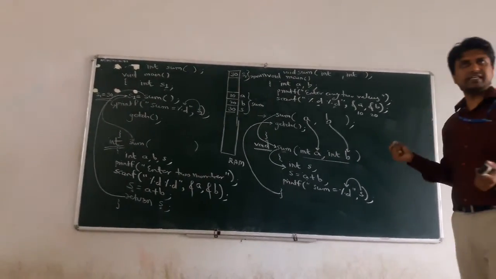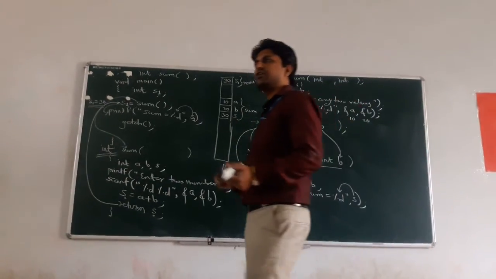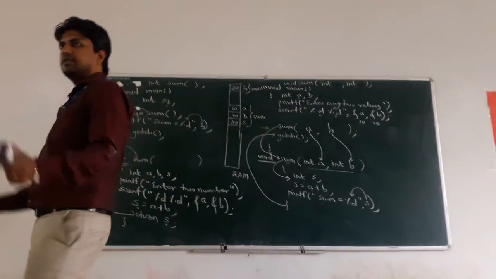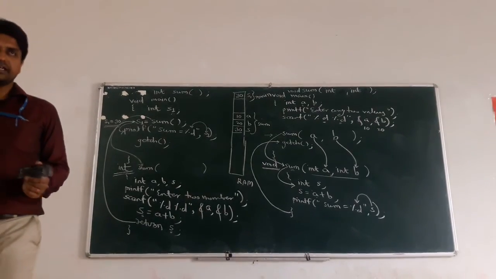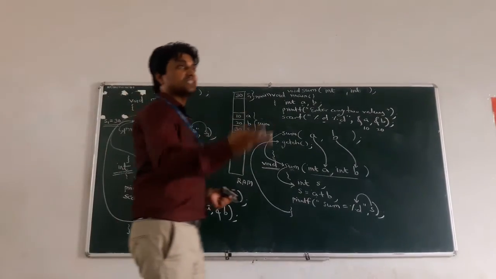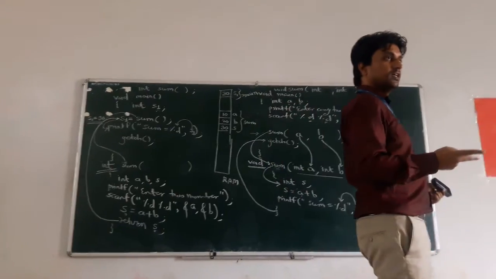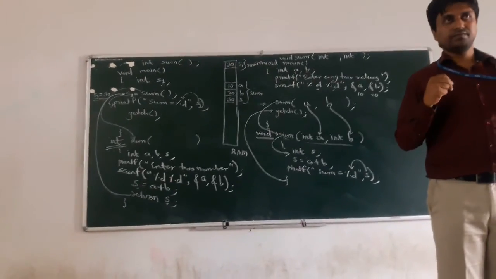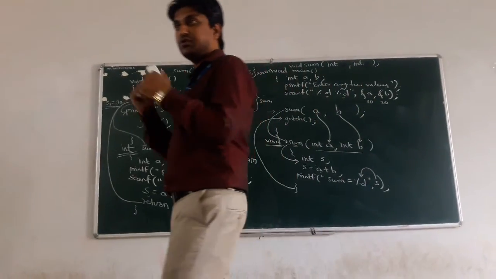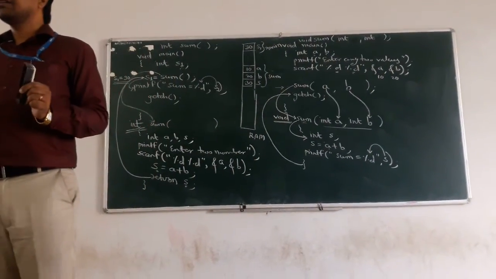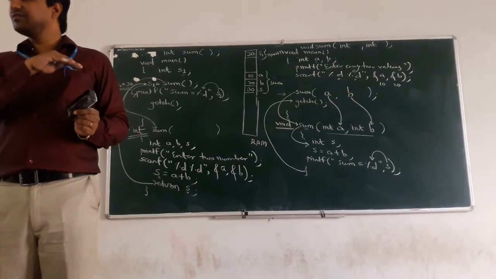You know the meaning of delegation. Main tells sum: I will pass the two values to sum, you make the addition and display the result. It's your responsibility, or you have to return the value.